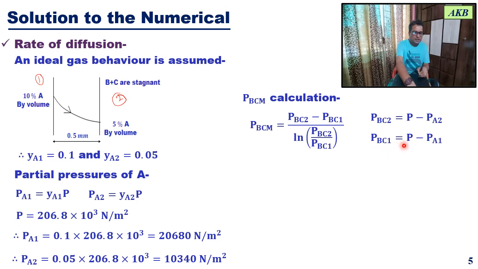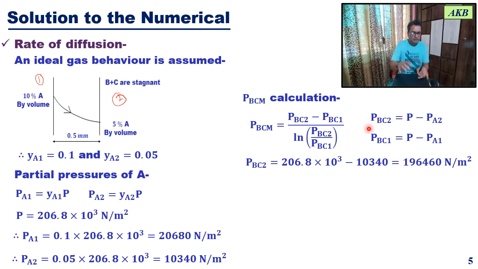Similarly, PBC1 is P minus Pa1, total pressure minus partial pressure of A at the first plane. So PBC2, by using this formula, you'll get PBC2, total pressure minus Pa2. So it comes out to be 196,460 Newton per meter square.